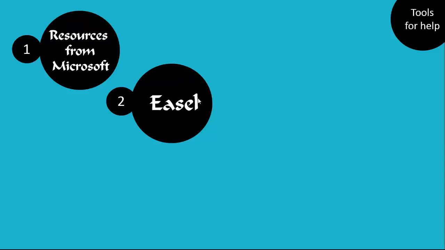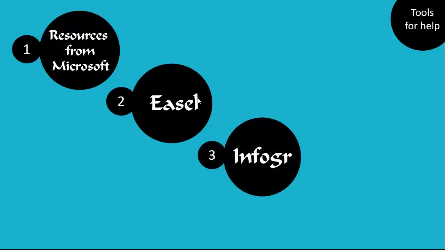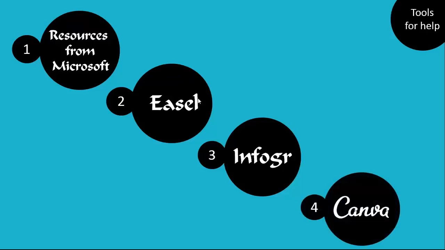Then the third tool which I'll be talking about is Infogr. Again, it's an infographic making tool, but it's all about interactive infographics, one step ahead of Easel. And the last one, and the most powerful one, would be Canva, making graphics just at the ease of drag and drop and changing colors and whatnot, and making a lot of other stuff too.